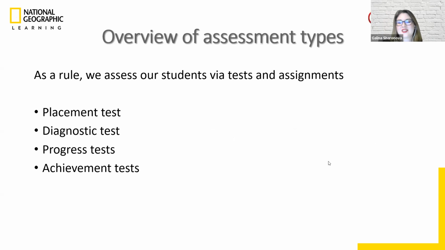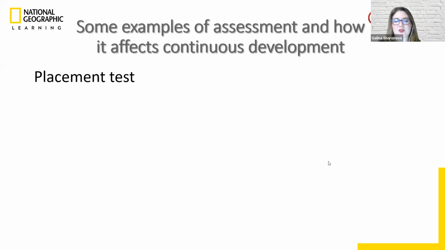Thanks a lot. Then let's have a look at some particular examples of such test types, activities, and tools that we can use. First of all, it's a placement test. The main aim of doing it is to place students in the appropriate group.